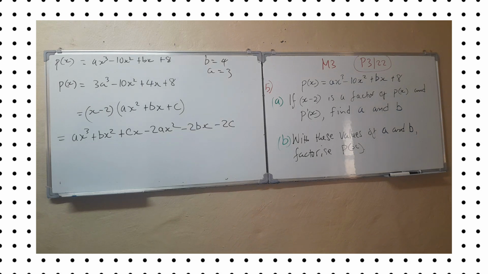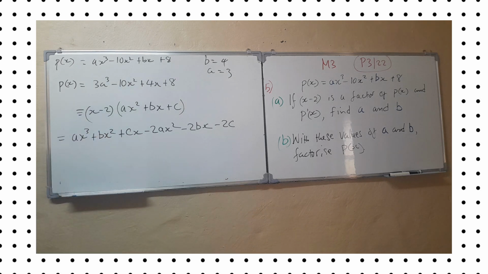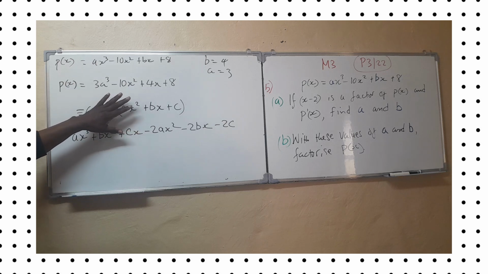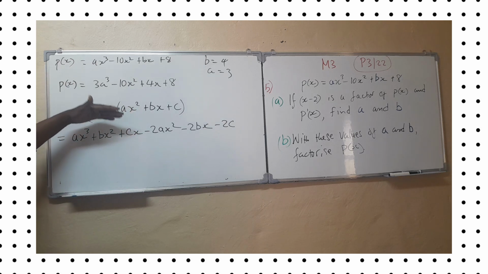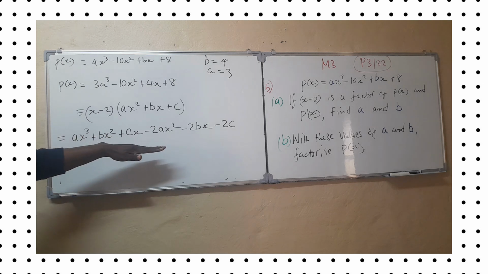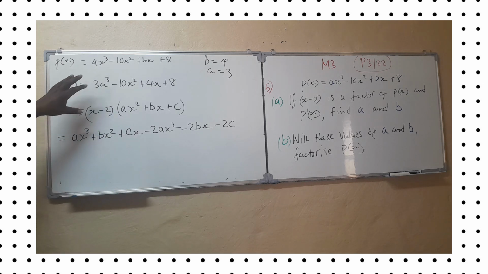Keep in mind, this is identical to that. It's an identity. These two are identities, exactly the same polynomial expressed differently. And here I've just expanded it. So if these are identical, it means that the corresponding powers of x have the same coefficient.